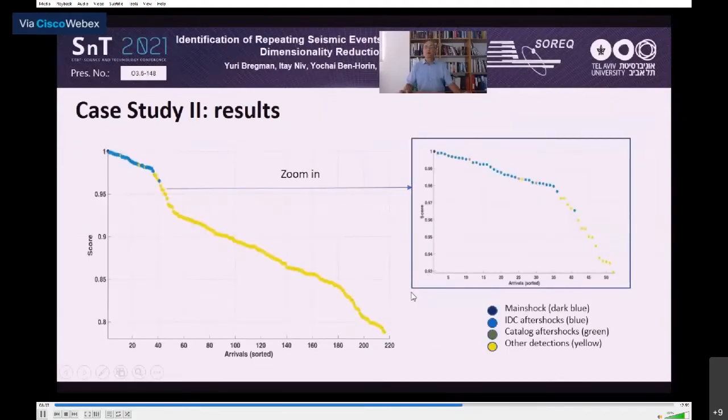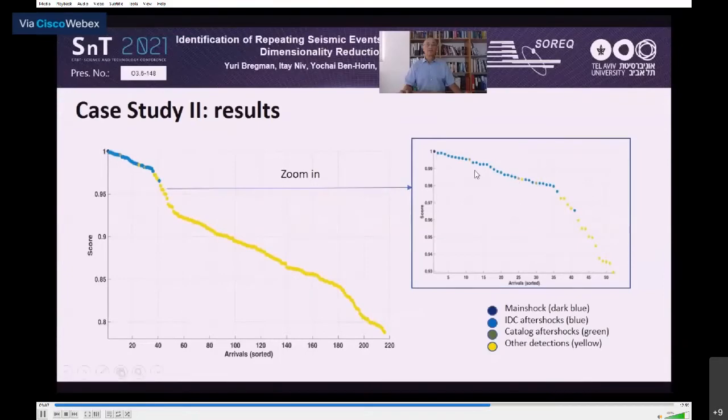Here is a graph of the score. I will look at this zoom plot. Again, the score of the main shock is dark blue. IDC aftershocks included in the LEB catalog are blue, and aftershocks from other international catalogs are colored in green.